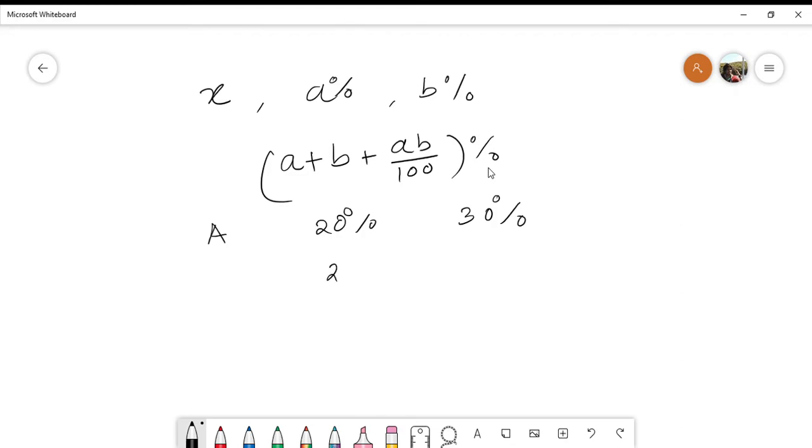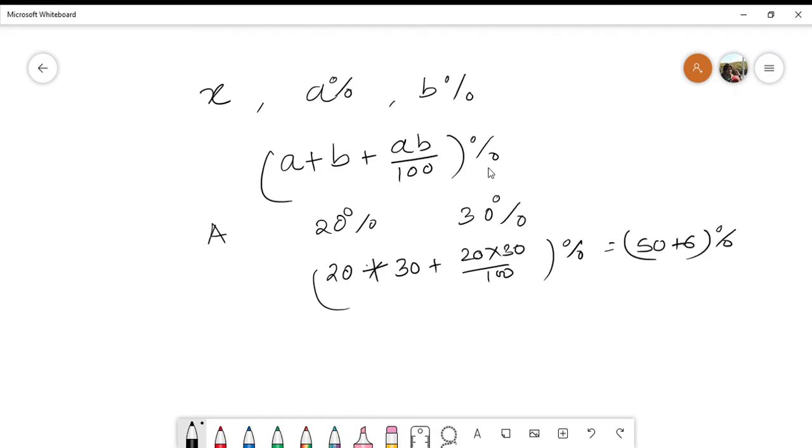So we can put that into this formula: 20 plus 30 plus 20 into 30 by 100 percent, right? Which is nothing but 50 plus 6, 56%, right? Similarly, in the next example we saw that we have a stock whose value first increased by 30%, and then decreased by 20%, right?